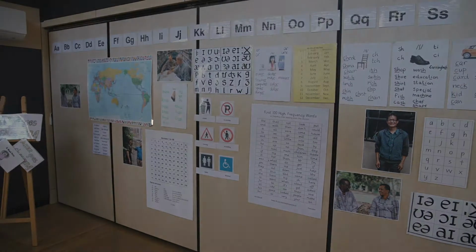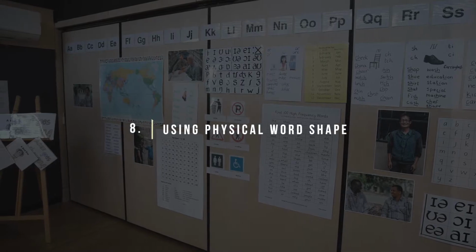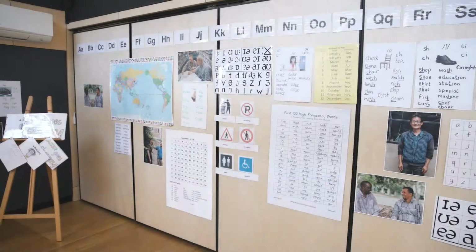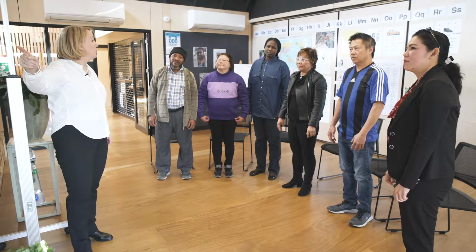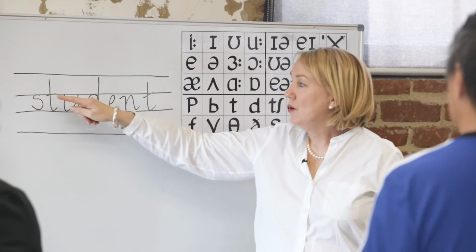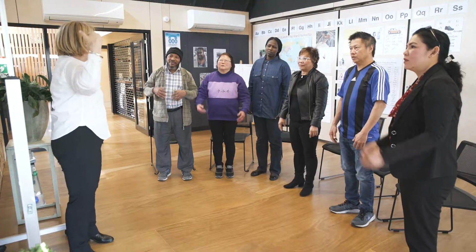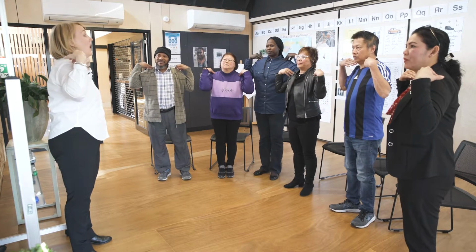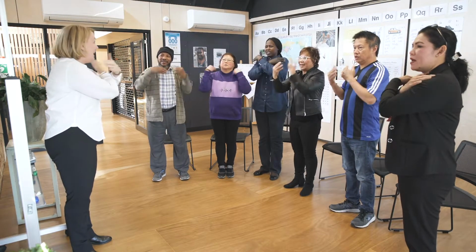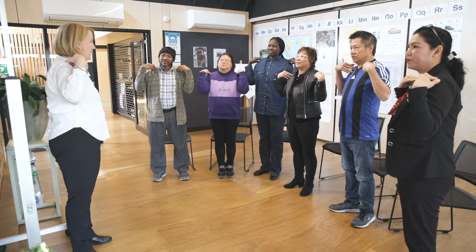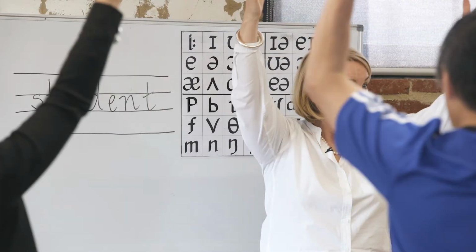Using a kinesthetic approach can support the student's understanding of the physical shapes of different letters and words. So the first letter is in the line. So let's put our hands here. Are we ready? Okay, remember, S. The next letter goes up, doesn't it?